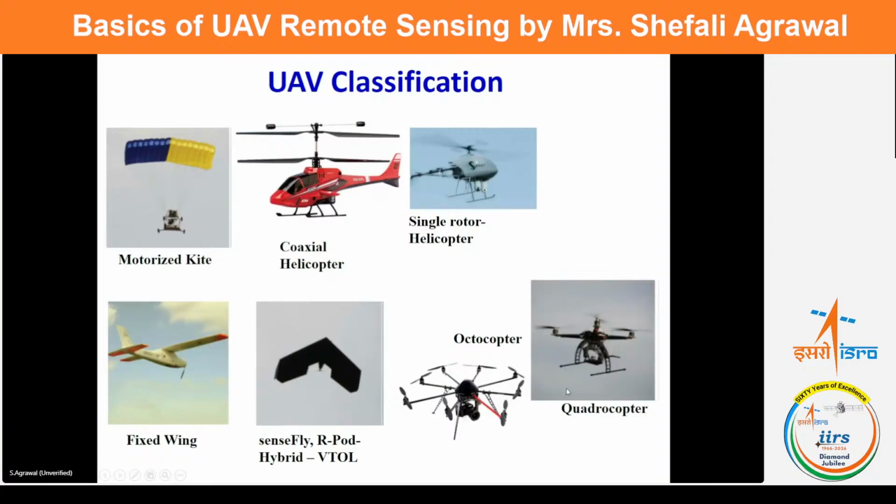And these are the rotary. If you see the propellers, there are 8 propellers, so this is an octocopter. The power of this rotary platform is much higher than the quadcopter, which has 4 propellers. So you can carry many more sensors and weight on an octocopter as compared to a quadcopter.